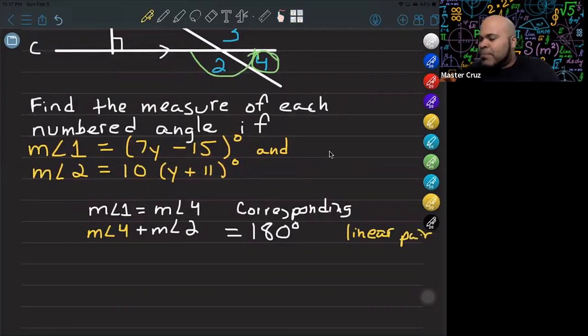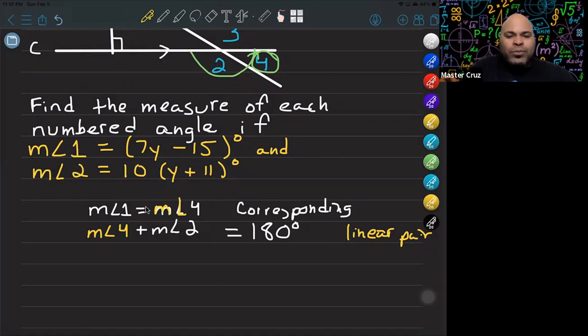The reason why I put this in yellow is so that you see that I'm substituting, because angle 1 and angle 4 are exactly the same. So if I add them, I get 180 degrees. Now I'm going to substitute what angle 1 is and what angle 2 is.